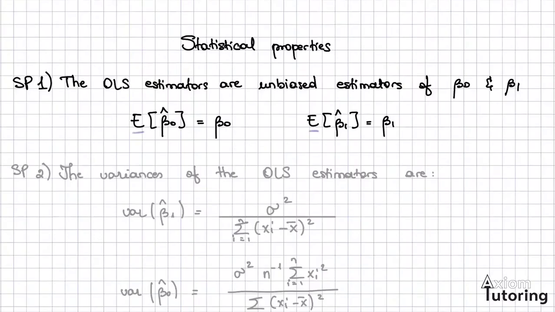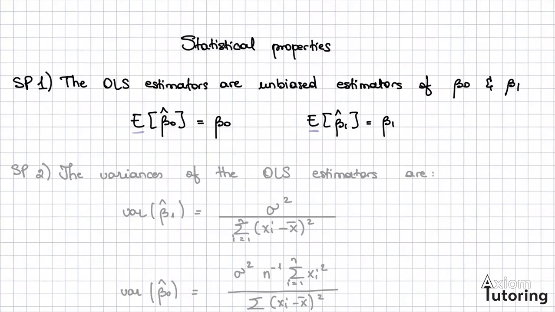However, we're going to start only with the first property today, which is that the OLS estimators are unbiased estimators of beta null and beta 1. You'll see here we are now finally using the expectation operator, which we explained in the previous video.